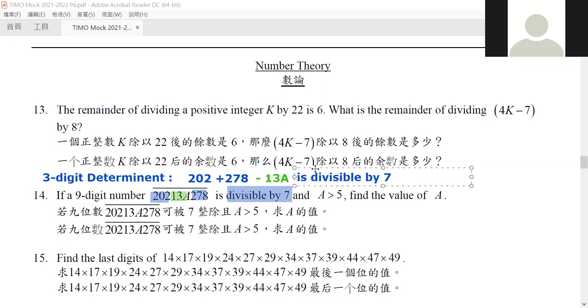So what does this look like? It would be 480 minus 130, which should equal 350. So 350 minus a is divisible by 7.